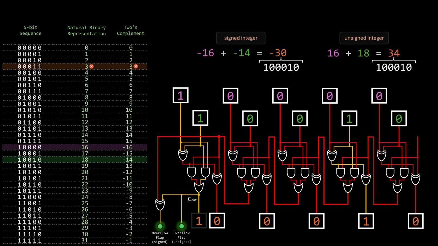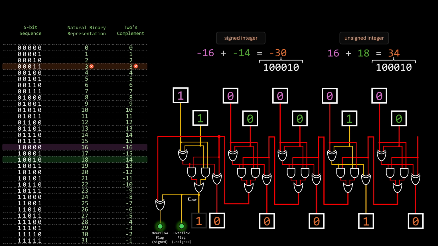And adding 2 negative numbers should not produce a positive one. In the same way, the flag warns us that the first significant bit in the result, which is 1, has overflowed. The unsigned overflow flag therefore tells us whether the result overflowed in the unsigned domain, while the signed overflow flag tells us whether it overflowed in the signed 2's complement domain.